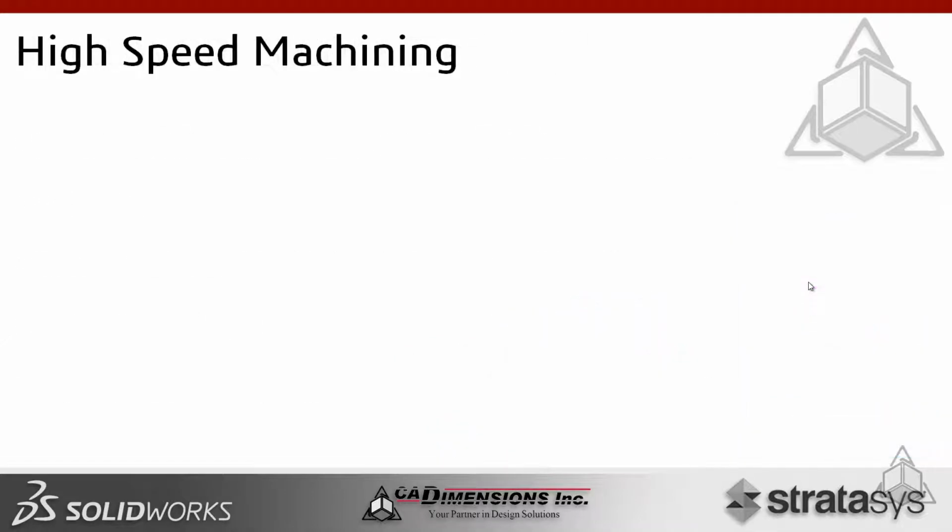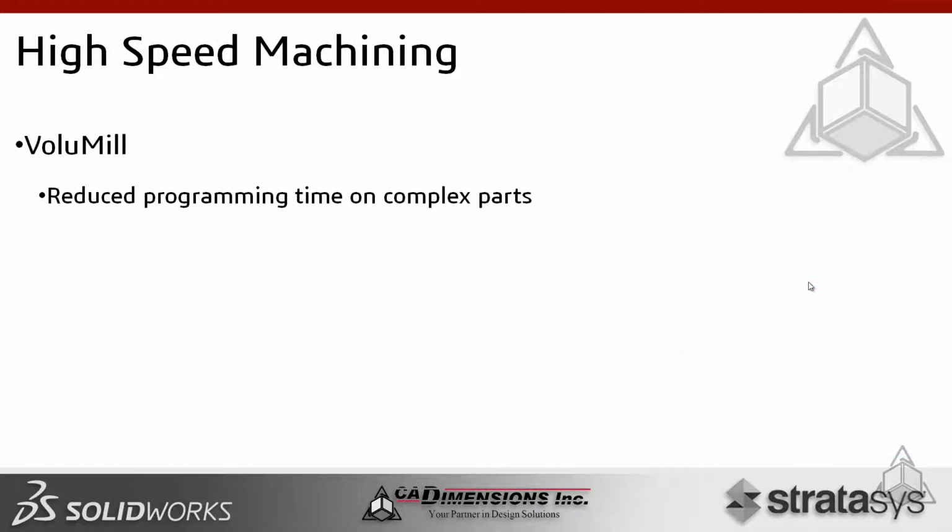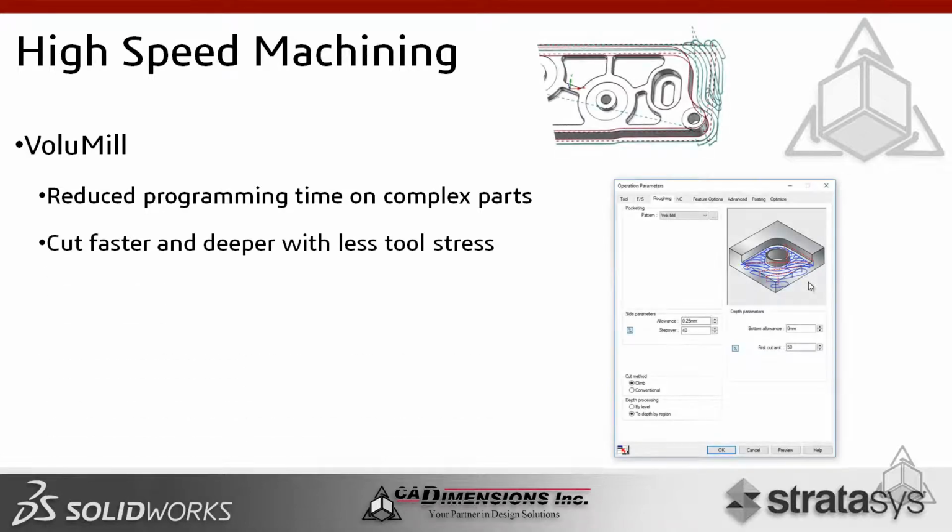So what is high-speed machining? High-speed machining in the software is called VoluMill. If we go back to 2017, if you bought CAMWorks and you wanted high-speed machining, you actually had to purchase VoluMill as a separate add-in. Now it's being included. What it does is it reduces your programming time. It cuts faster and deeper with less tool stress.